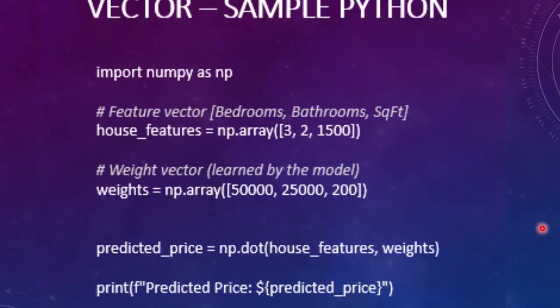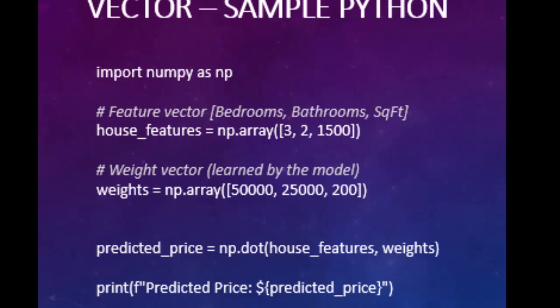Okay, so let us see what's going on with this vector sample Python code. The code predicts the price of a house based on the number of bedrooms, the number of bathrooms, and the square footage. That is the size of the house.